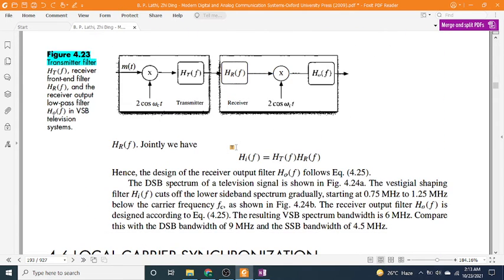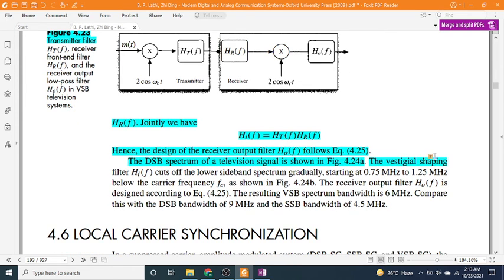The DSB spectrum of a television signal is shown in Fig. 4.24a. The vestigial shaping filter H(f) cuts off the lower sideband spectrum gradually, starting at 0.75 MHz to 1.25 MHz below the carrier frequency f_c, as shown in Fig. 4.24b.